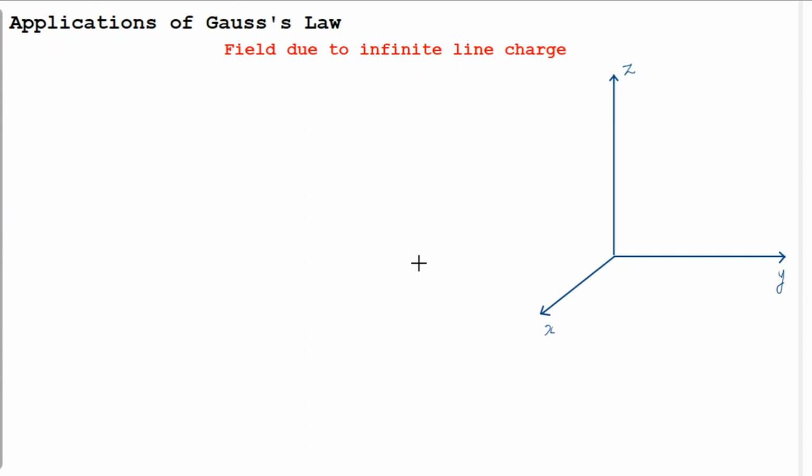For that, let me consider an XYZ coordinate system as shown on the whiteboard, and let me place the infinite line charge along the z axis from minus infinity to plus infinity.